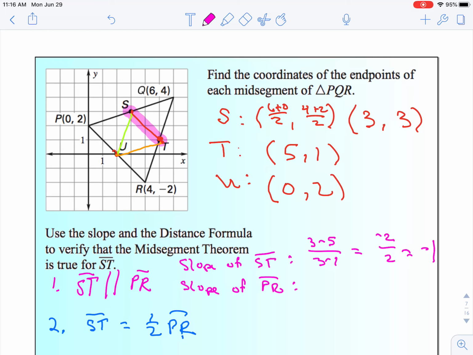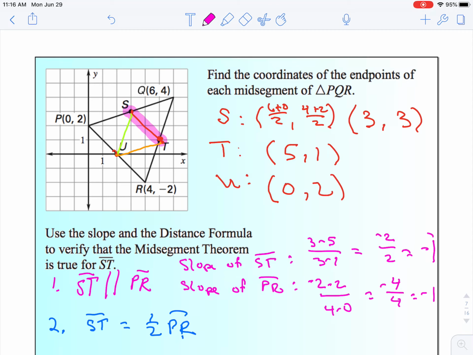There. All right, so now let's do the slope of PR. So here's our points for P and R. y2 minus y1, so I'm going to take negative 2 minus 2 over 4 minus 0, which is going to give me negative 4 over 4, which also gives me negative 1.